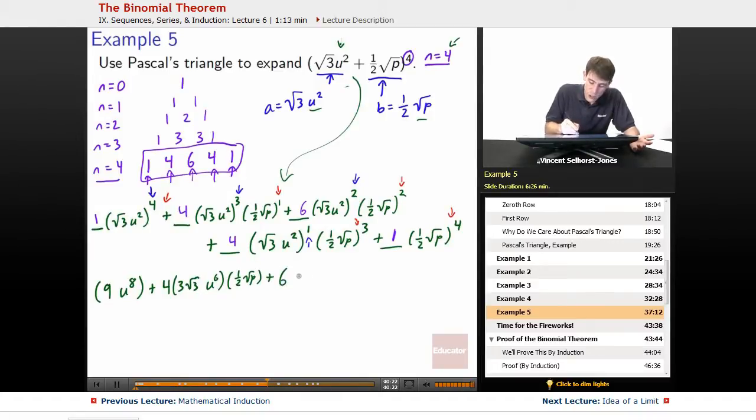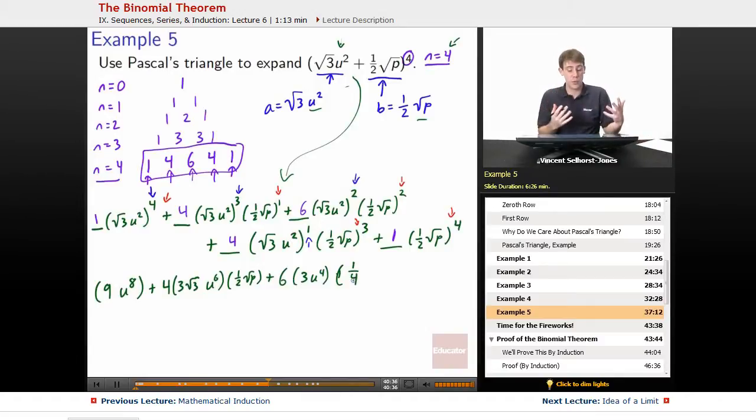Plus 6 root 3 squared, root 3 u squared squared. Root 3 squared is 3. U squared squared is u to the 4th. Times 1/2 root p squared will be 1 over 4, right? 1/2 squared is 1/2 times 1/2, so 1 over 4. Root p squared is p. Break the line once again. Plus, next is 4 root 3 u squared to the 1.